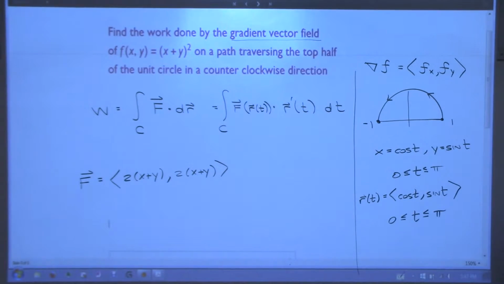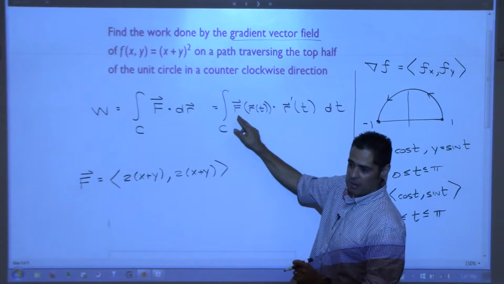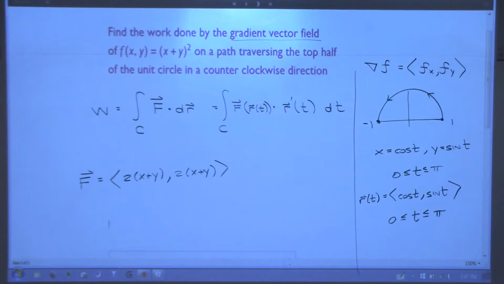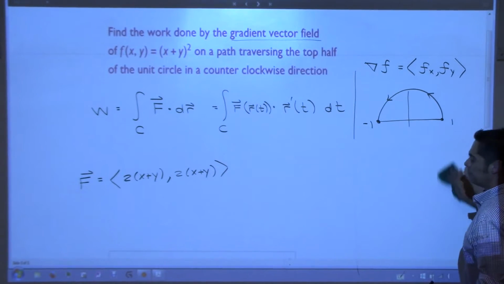If you look in your notes, which I know all of you have printed out and keep in class, this means I'm going to plug the vector curve into my field. There's my field, here's my vector curve. So let's plug it in. I think I'm ready to set the integral up.